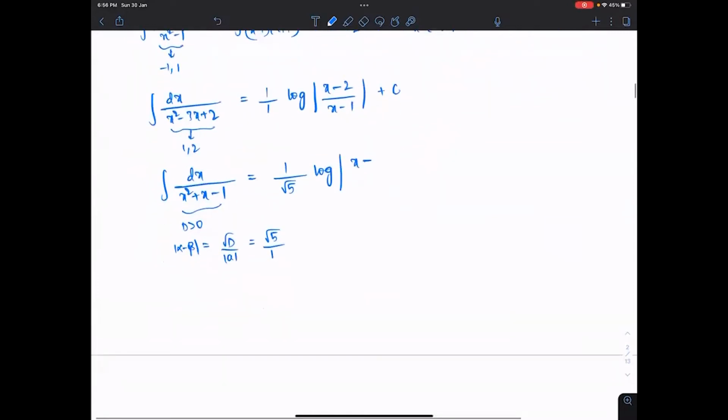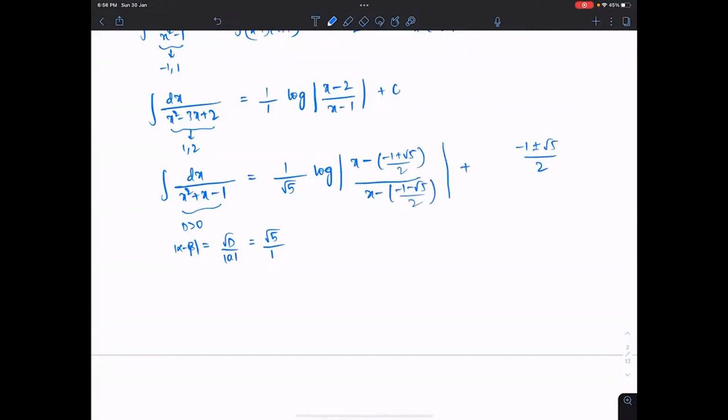So first you should know the roots of that. Now what are the roots of x square plus x minus 1? Minus 1 plus minus root 5 by 2. So the larger root is minus 1 plus root 5 by 2. And the smaller root is minus 1 minus root 5 by 2. That's it. This will be the answer.